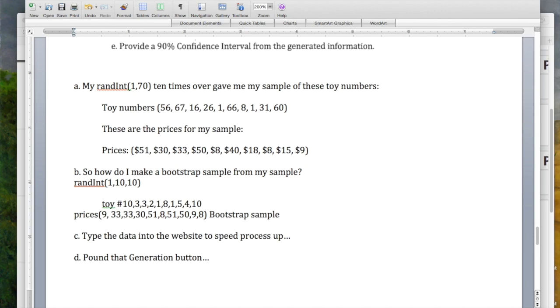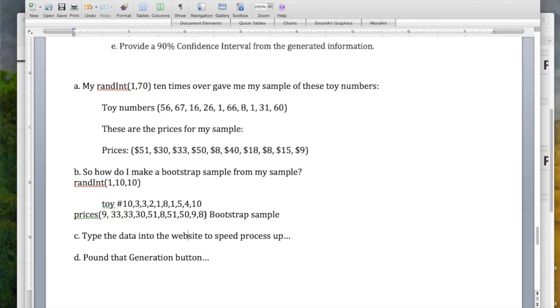So instead of actually doing these bootstrap samples like this over and over again on the graphing calculator, we'll just go to the website to speed this process up. So if you want to do this on your own with your own list, that's fine, or you can just follow the example that I put here. So I'm writing down the numbers here.